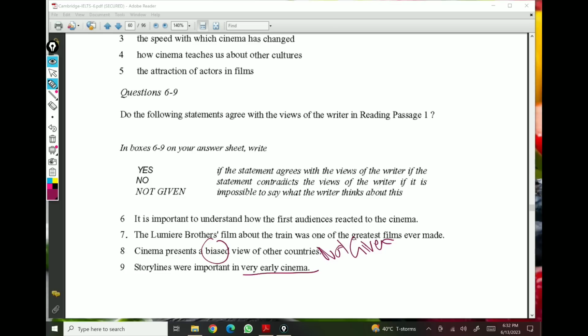Now look here, underline storyline. So if storyline was important in early cinema, the answer is yes. If storyline was unimportant, the movie was important without story and all that, then it is no. And if they don't tell us whether the storyline was important or unimportant, then the answer is not given.